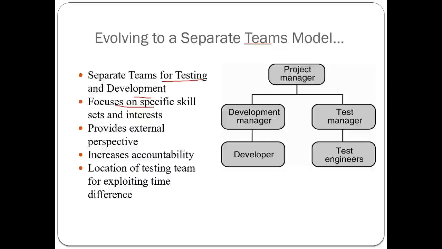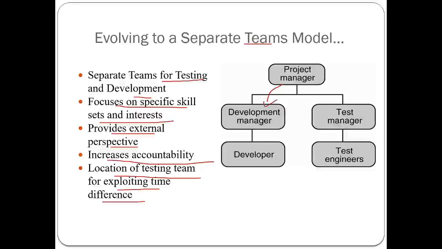The focus is on specific skill sets and interests. Developers focus on whatever skills and interests are needed, and the testers focus on their specific skills and interests. It provides an external perspective, increases accountability, and allows locating the testing team to exploit time differences. Here we have the project manager.